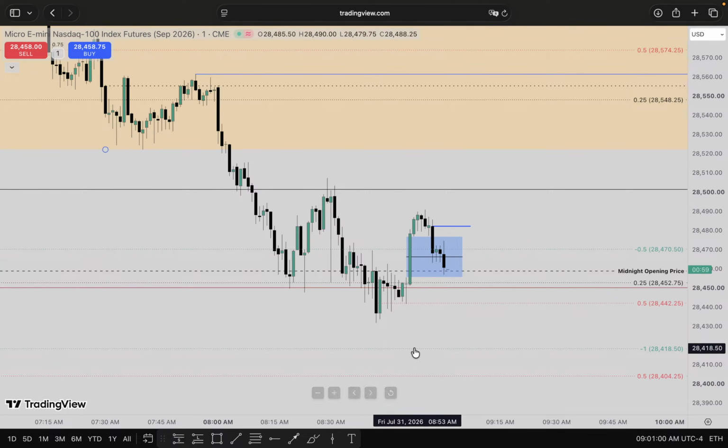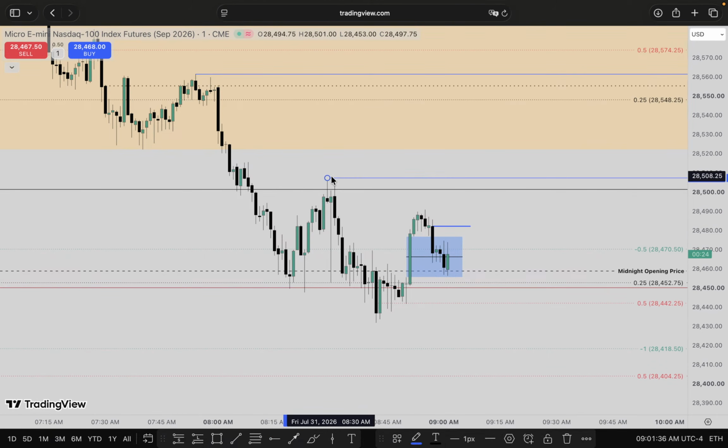We might want to make it down to this -1, and then take out these lows down here, which if we want to do that, that's fine. But I kind of want to see if NQ wants to reach for those buy stops near 730. That's kind of my draw for right now. We've got this 15-minute gap up here, so if we take out this high and get in, then I'll move to break even. Let's wait and see.